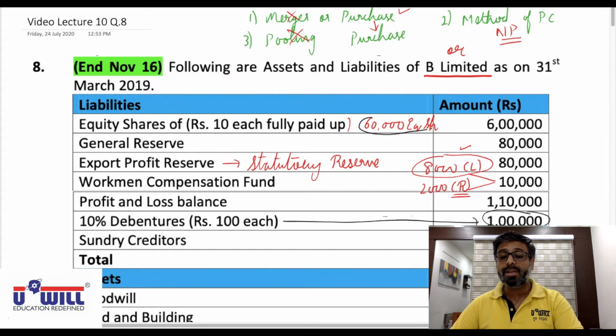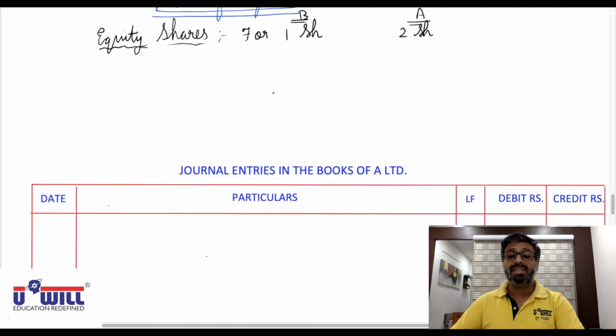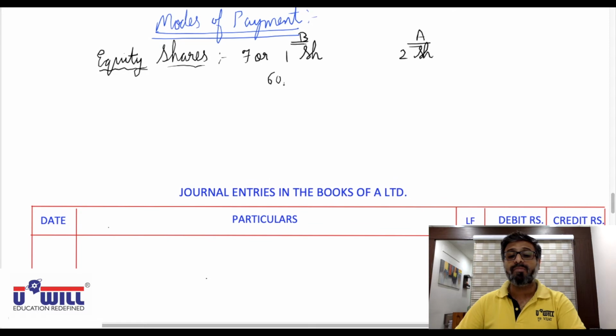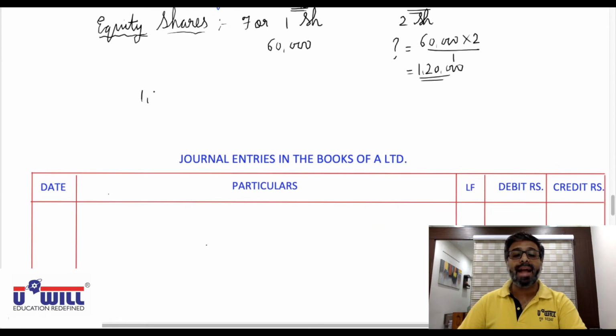How many equity shares are there in B Limited? 60,000. So for 60,000 shares of B Limited, how many shares will you get in A Limited? 60,000 into 2 divided by 1. You'll get 1,20,000 equity shares of rupees 10 each.